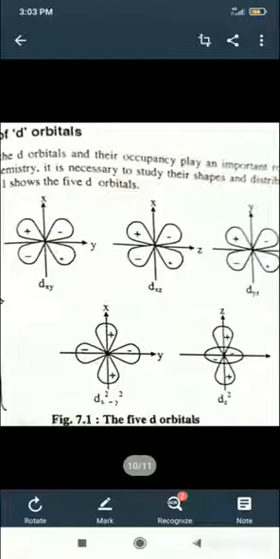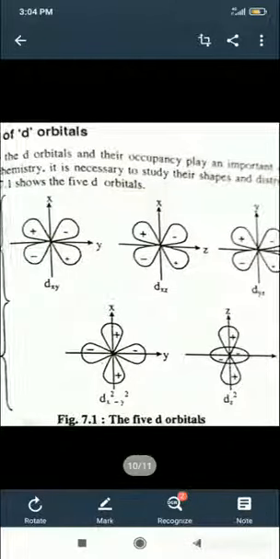And the last one is the cup saucer shaped lobe, that is dz square. Both the lobes are present along the z-axis and it looks like a cup saucer.